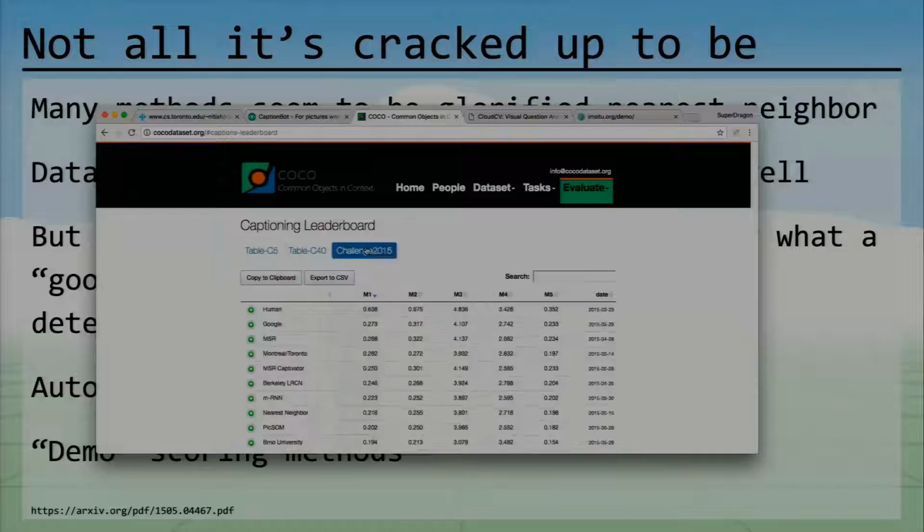There was one time where they had a bunch of humans score the output instead of having automated methods do it. And when you ask humans to score them, the humans are just way better. The test, I think, was: do you think this caption is as good as a caption that would be generated by a human?